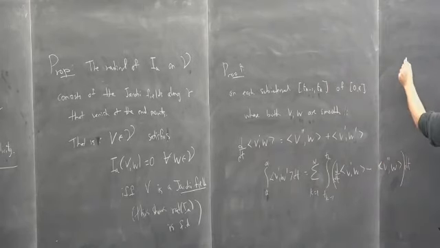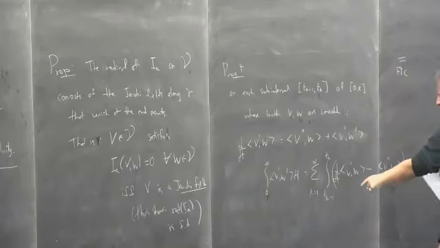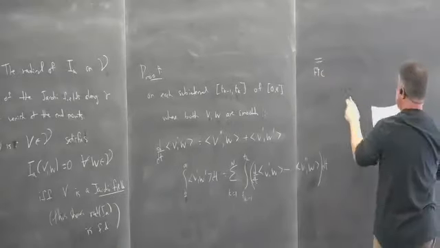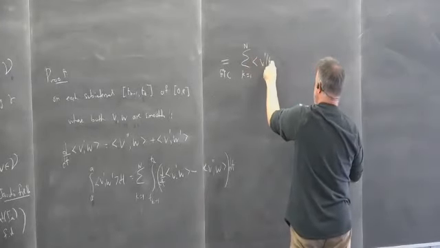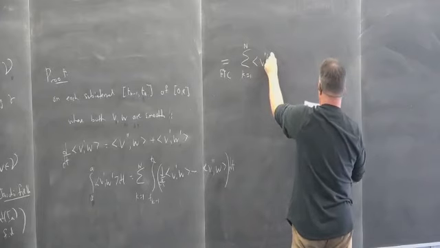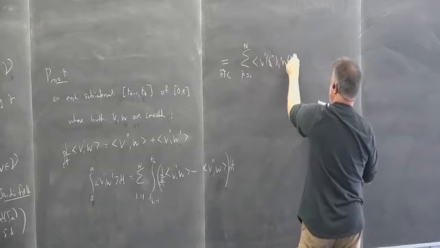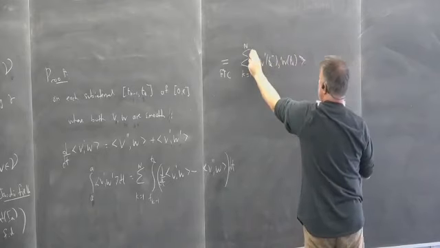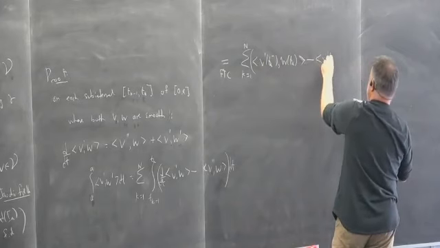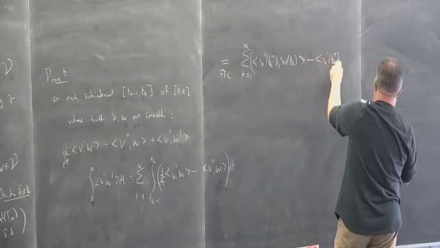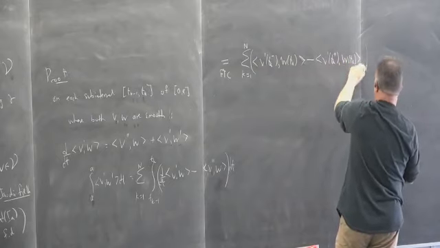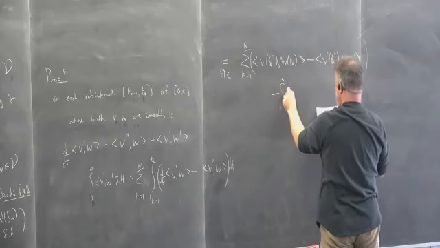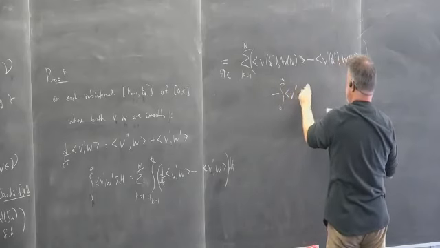So I can write this by the fundamental theorem of calculus. On the first term, I can just evaluate at the two endpoints. This is going to be the sum from k equals 1 up to n of <V'(t_k^-), W(t_k)> minus <V'(t_k^+), W(t_k)>, minus the integral from 0 to a of <V'', W> dt.